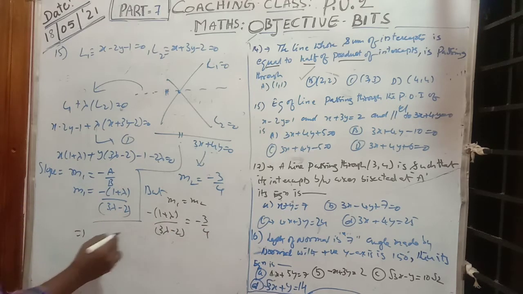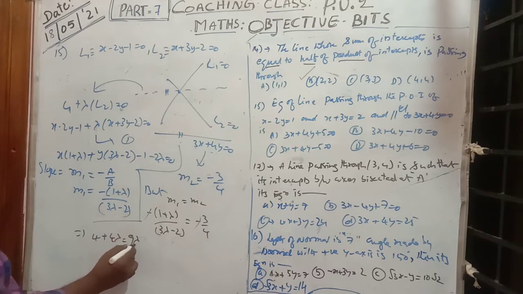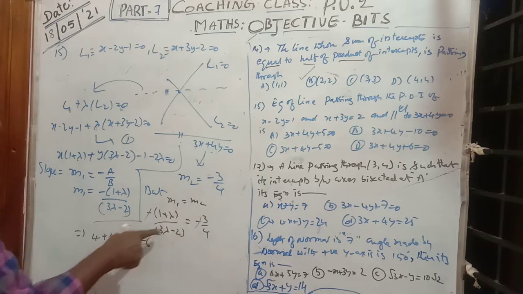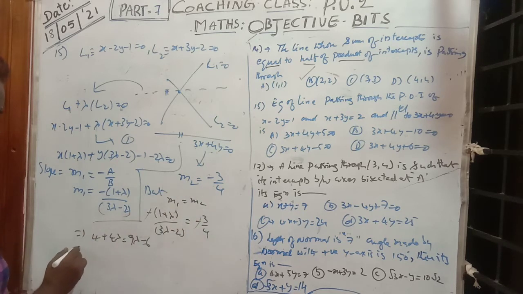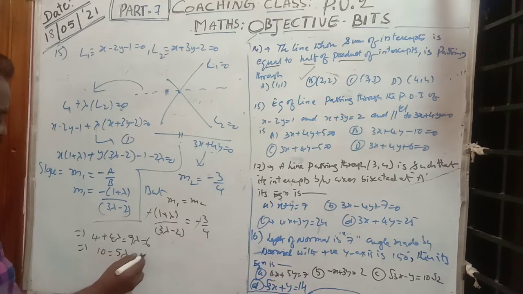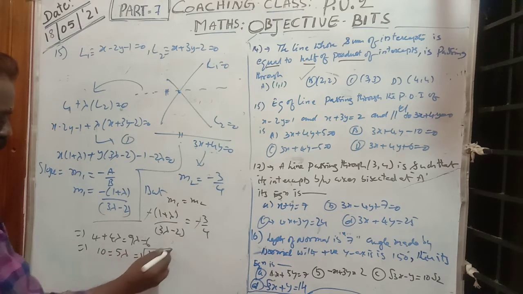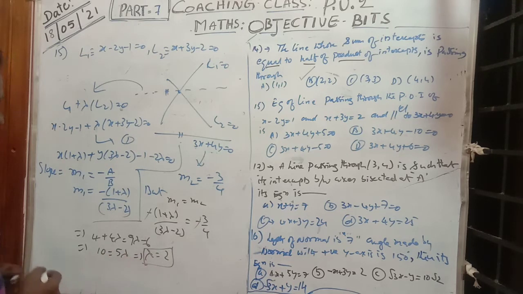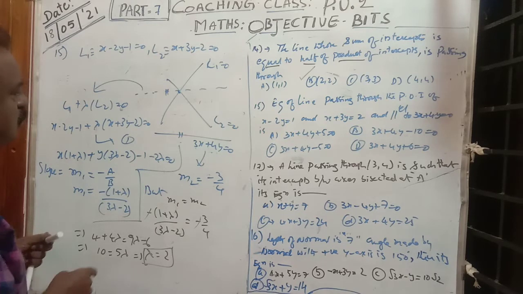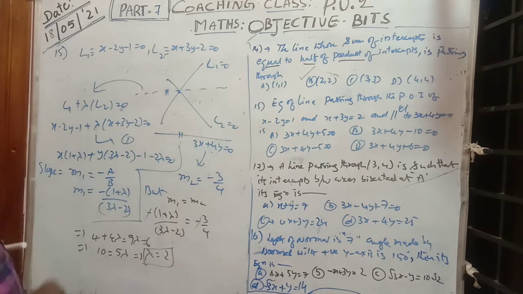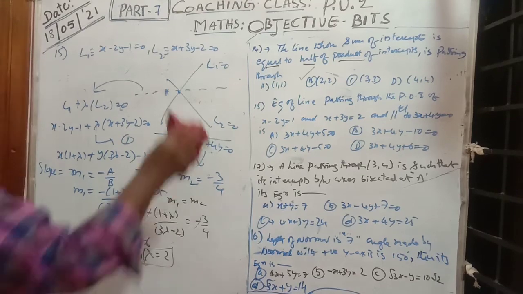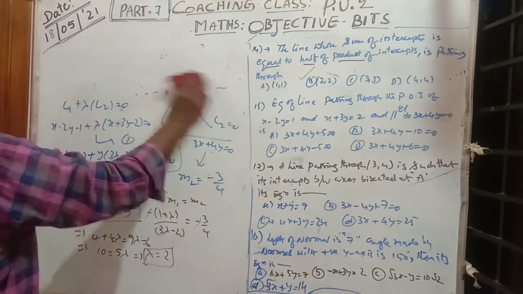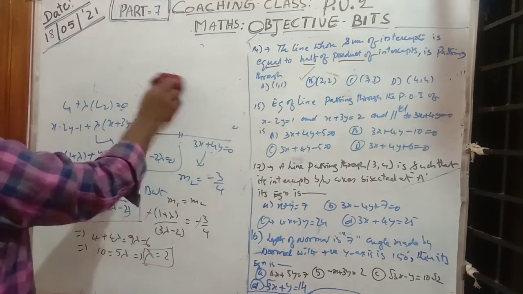That implies 4 plus 4 lambda is equal to 9 lambda minus 6. That is 10 is equal to 5 lambda, that is lambda is equal to 2. So lambda is 2, and I substitute it in equation 1. So here is the required equation of the line.